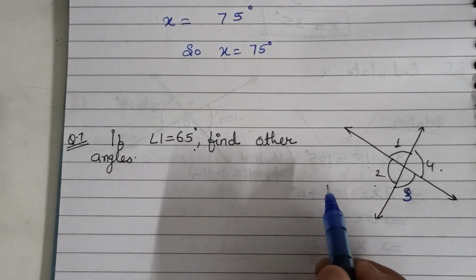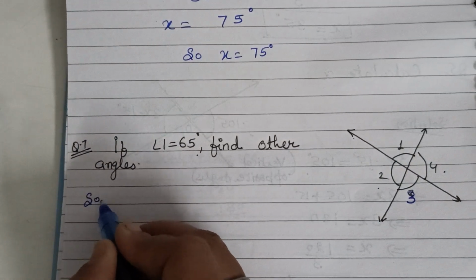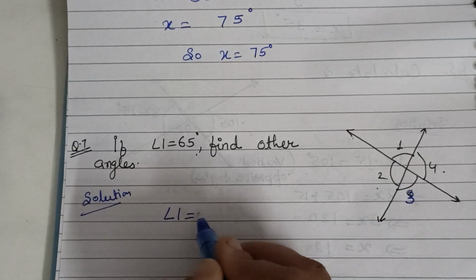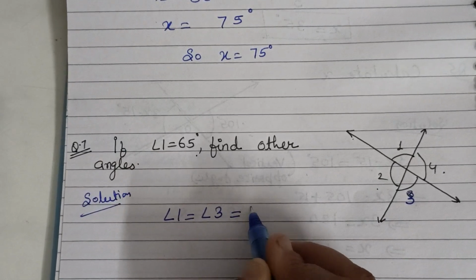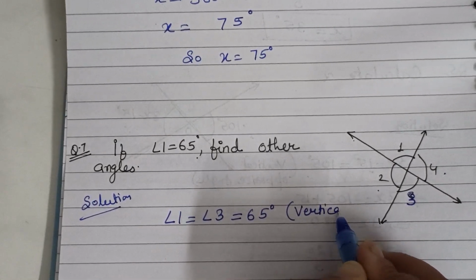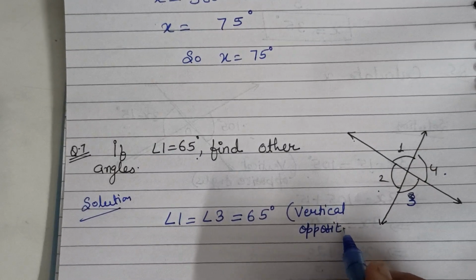So when we talk about vertical opposite angles, angle 1 equals angle 3, which is 65 degree. Reason: vertical opposite angles.